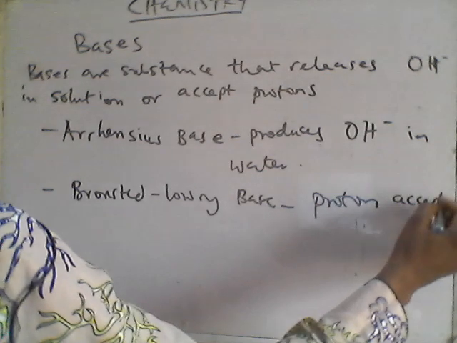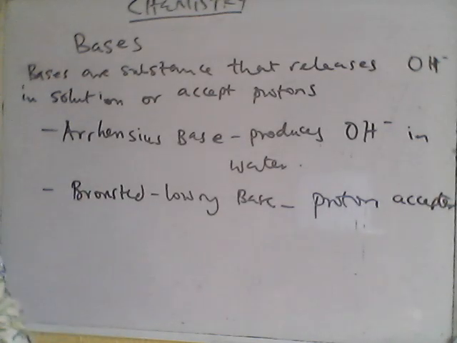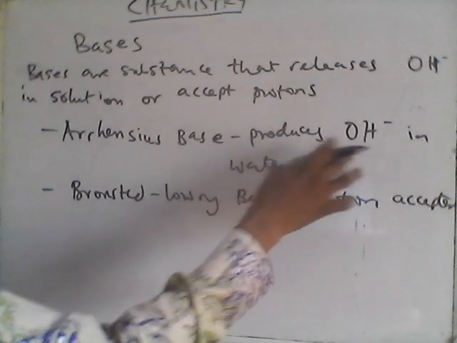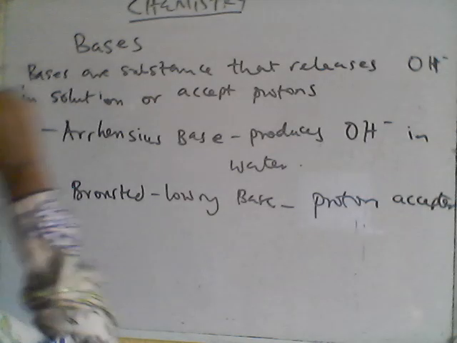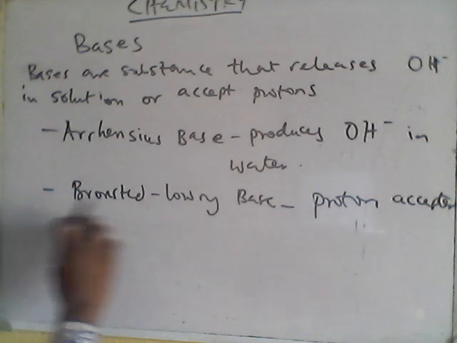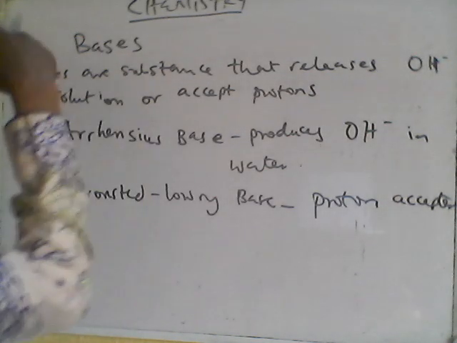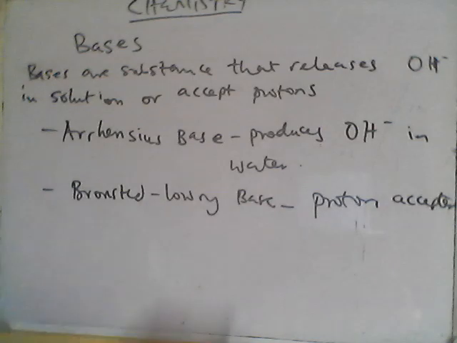See, for acids, the Arrhenius acid produces hydrogen plus in water, understand? And the Bronsted-Lowry acid is a proton donor. So that is for the first one we defined. Now the second one is the flip side.